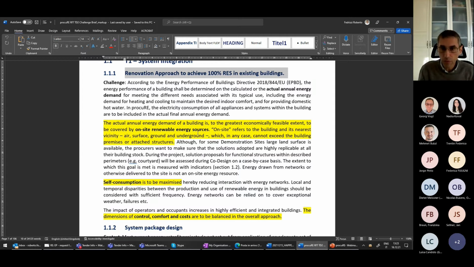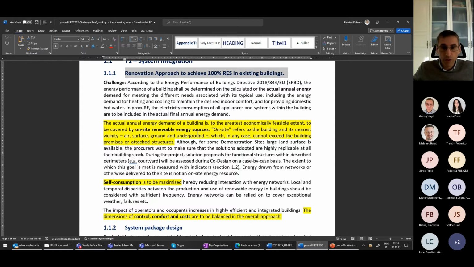Once more, we didn't want to use the specific buildings that are going to be retrofitted in this initial phase, because the near vicinity of the specific buildings is really different.